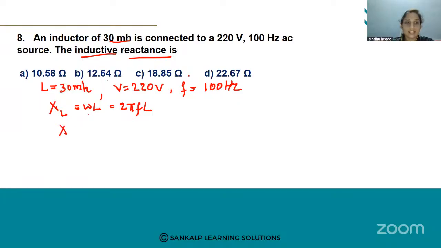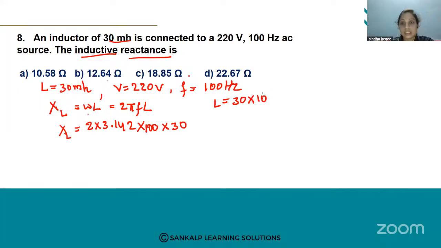Substitute here. XL is equal to 2 into 3.142 into, what is the frequency value? Here they have given 100 hertz, right? Okay, into. Then what is the L value? L is 30. Here they give it in millihenry. So you have to convert the L value into Henry.